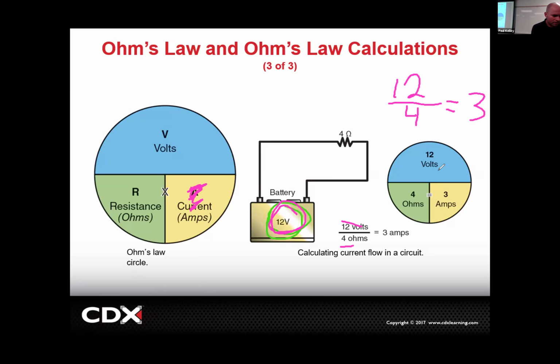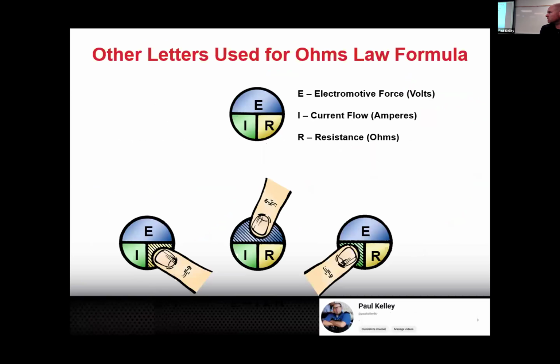I'm going to show you how to start doing these. But first, I'll clear all these drawings and pick up my regular pointer. And then I'm going to show you how we would normally do it.